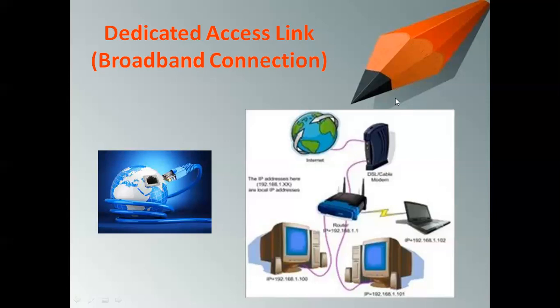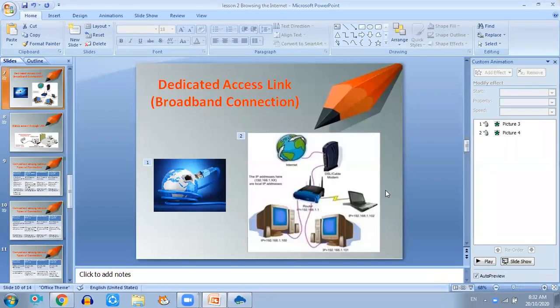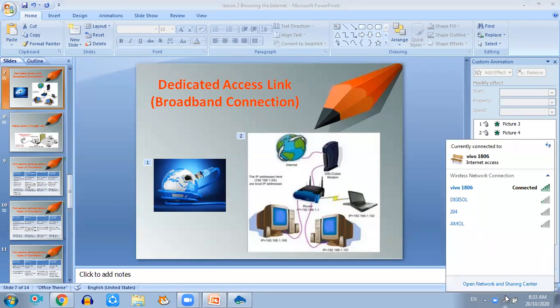Here I am using my own connection, so I'll show how I do the connection practically now. Okay, so here I'm going to end the presentation, and now you can watch this. When you want to connect through a hotspot, go to the laptop's right bottom corner and click on this tower sign. It will show the wireless connectivity, how many connections we have.